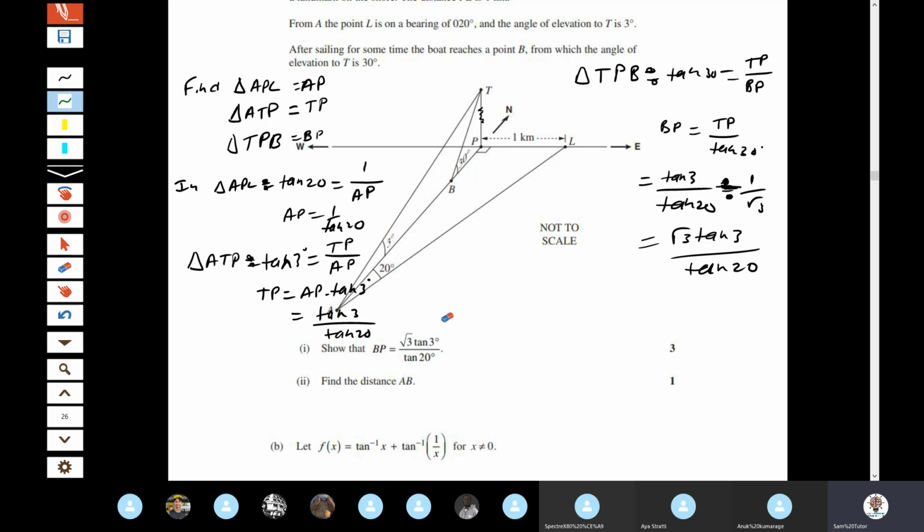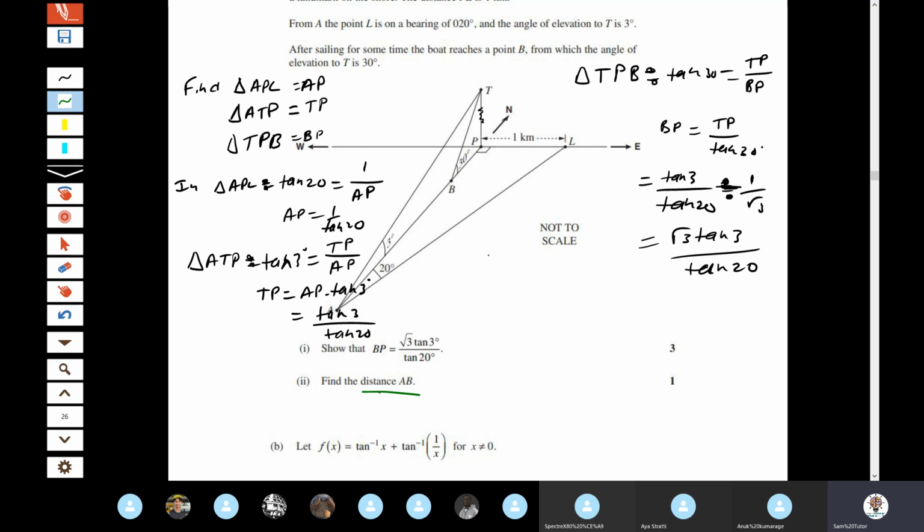It says 3 degrees, you look at it and say, I've got to use tan with 3. It says 20 degrees, you've got to say tan with 20. And then you'll be very surprised. You'll be able to get it out just from this. So this told me what to do: triangle APL, triangle ATP. That skill is hard to develop, but you guys got to get used to that.